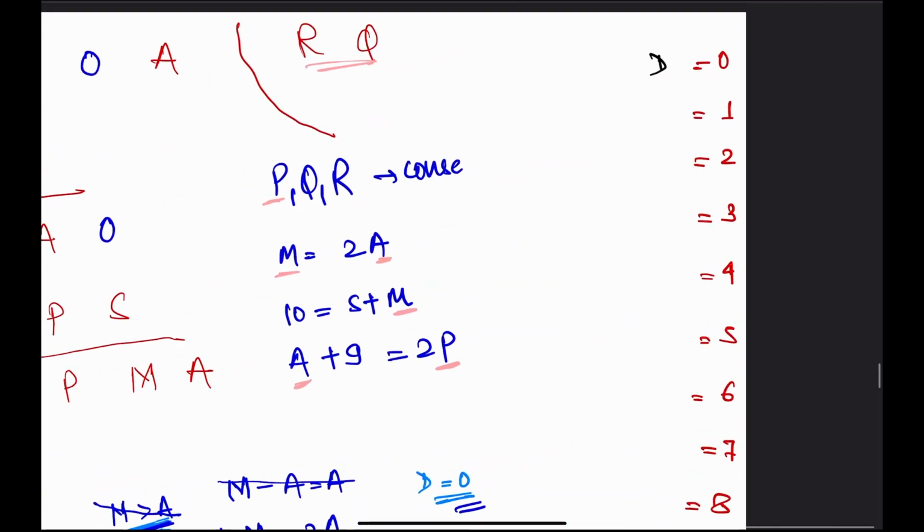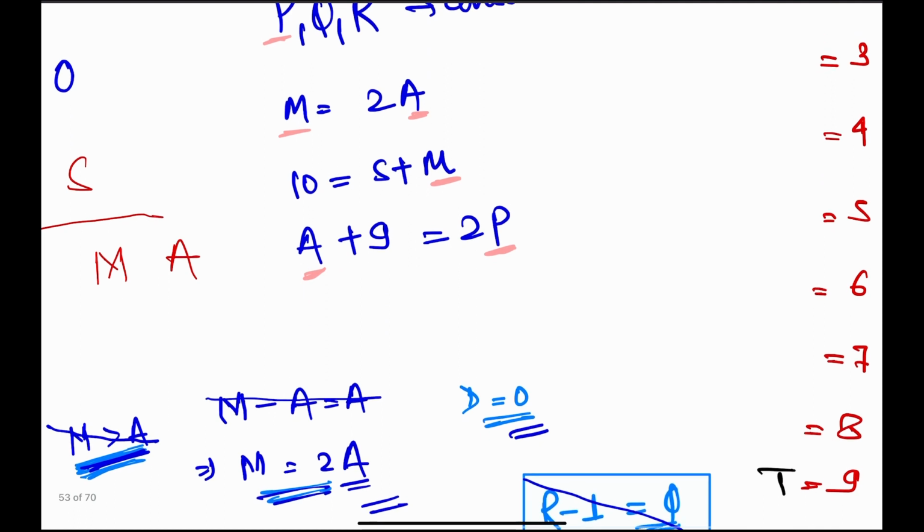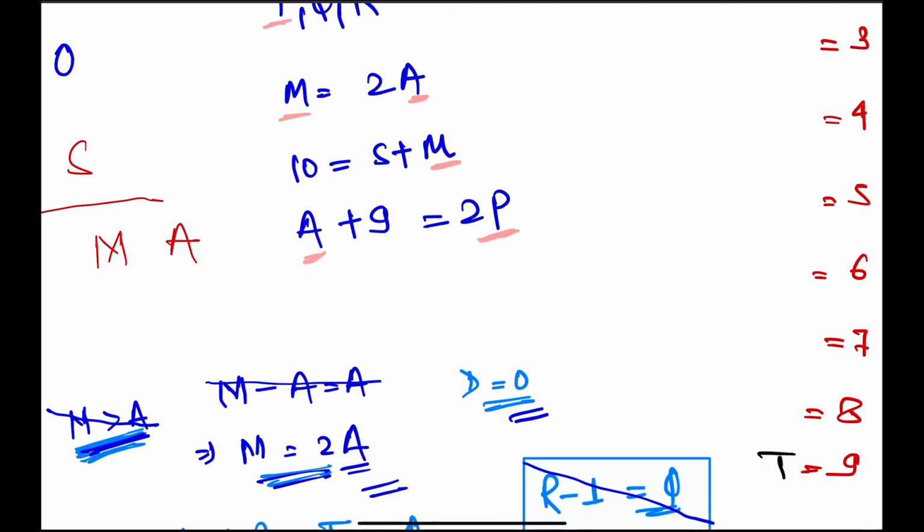If I look at this point, can I say that 2P will be even? If this is even, then this part will also be even. So odd plus odd is even.